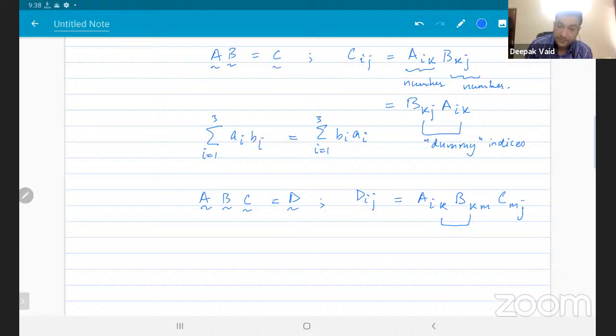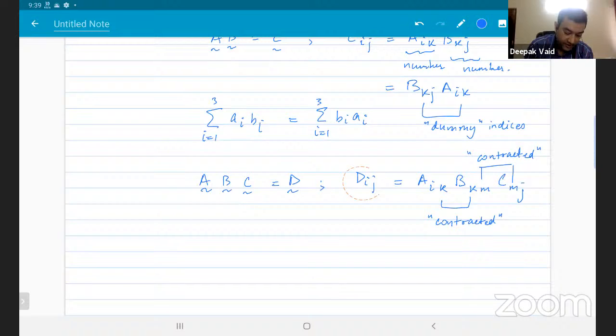These two indices are repeated. So when we have repeated dummy indices, we say that they are contracted. Again, we have this index m, which is repeated, so these two indices are also contracted. Contracted just means summed over.